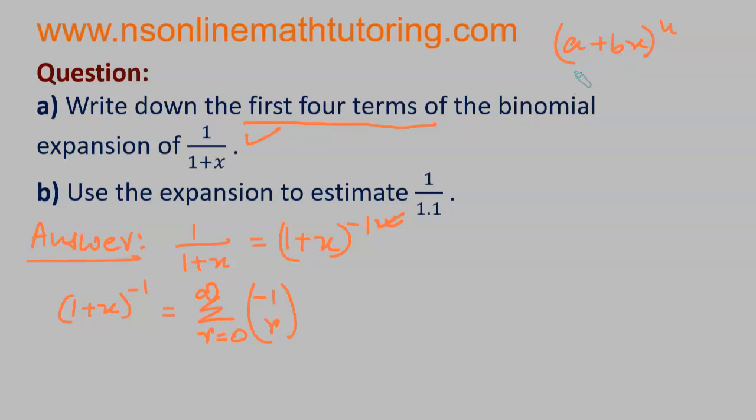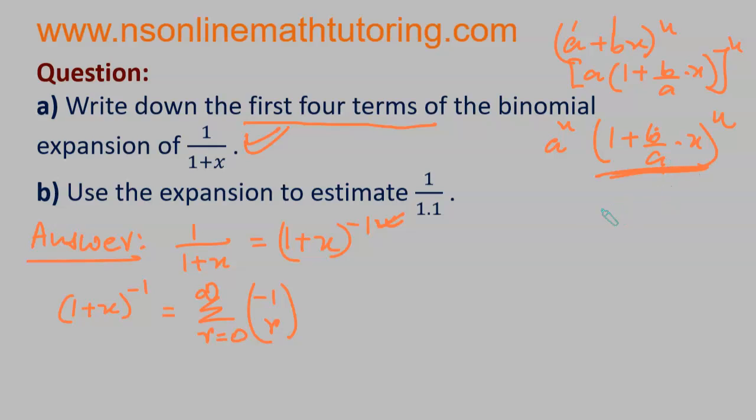And then what did we do? We had taken out this common factor a, and it was 1 plus b over a times x raised to the power of n. So we had a to the power of n and 1 plus b over a times x whole raised to the power of n. And we had done the expansion of this part. Now in our case, a is equal to 1, b is equal to 1. So b over a is 1. Okay.